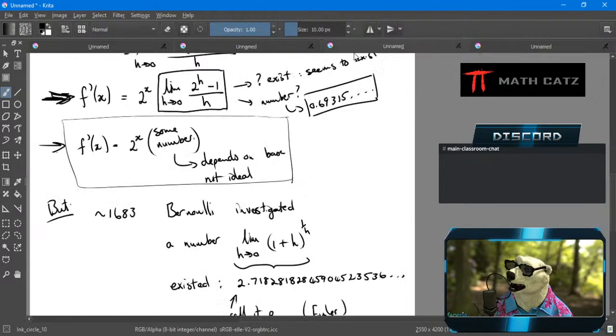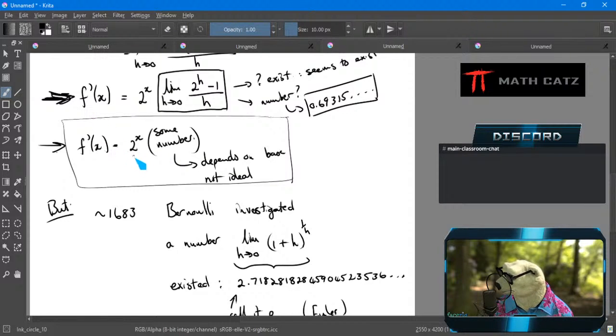Now, we have to pause the question of what this number is. If my base is anything else, I have a number popping out. If it's anything other than e, for example, if the base is 2, I have this 0.69315 number popping out. Where on earth does that come from? If I have a different base, I have a different number popping out, and it's not as clean as the natural exponential function.